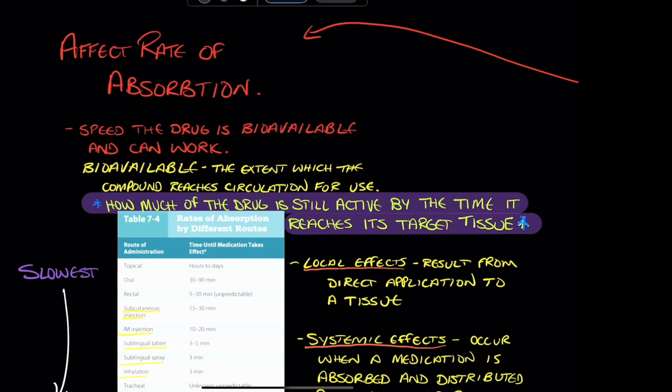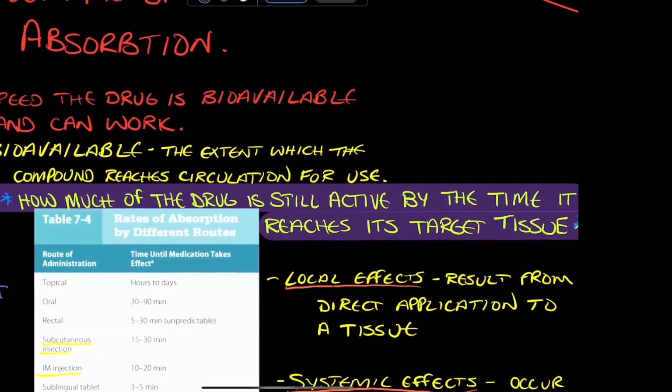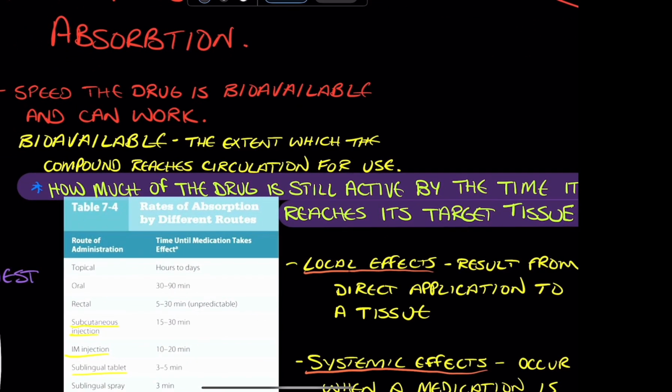The rate of absorption is going to be a lot slower for that, versus something that's injected directly into your arm via IV or intramuscular route, for example. So these different routes will change the speed the drug is bioavailable. Bioavailability is how much of the chemical is actually available in the bloodstream to be used.